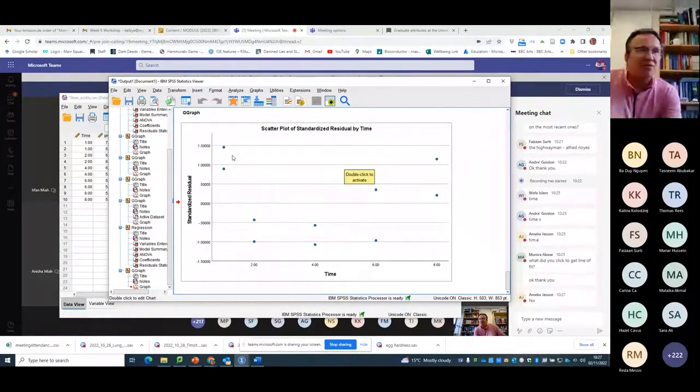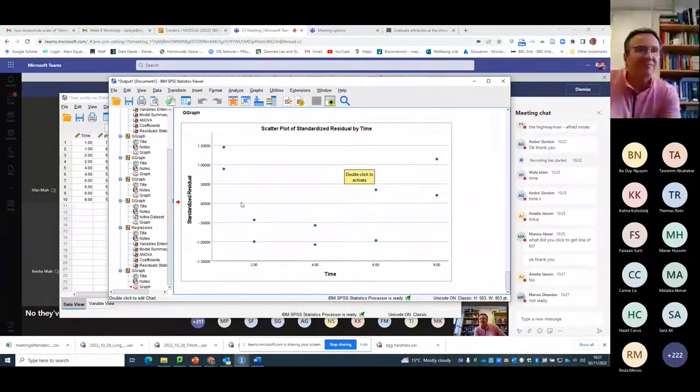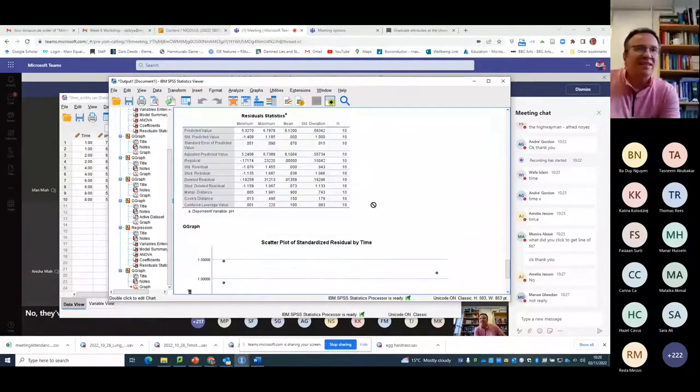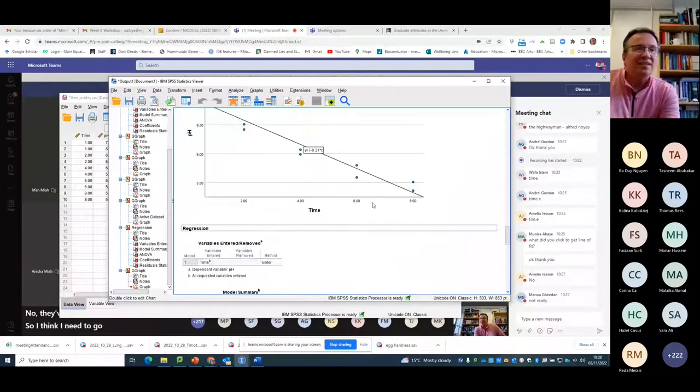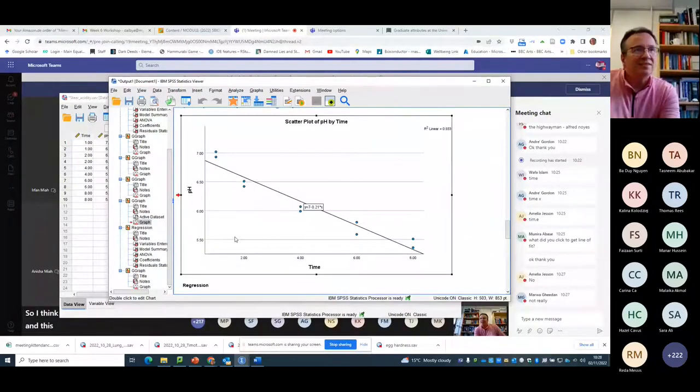No, they've got a curve in them, haven't they? So I think I need to go and look at that slope and this graph again. If I look at it, it's fairly clearly a curve.